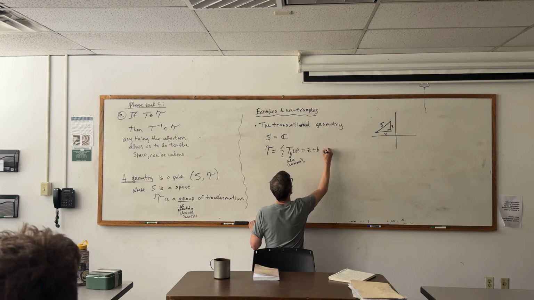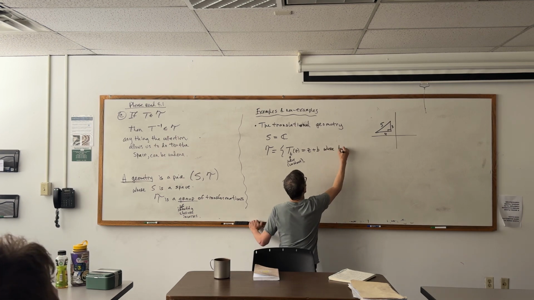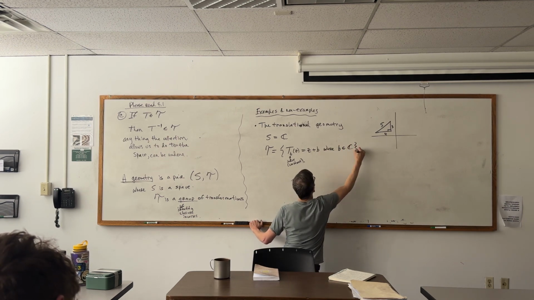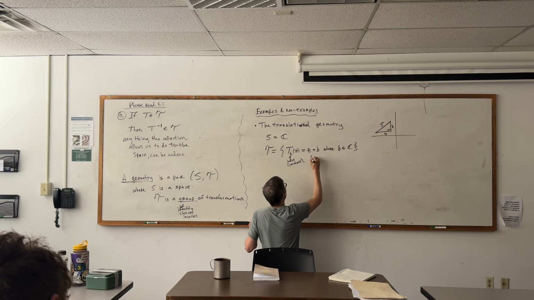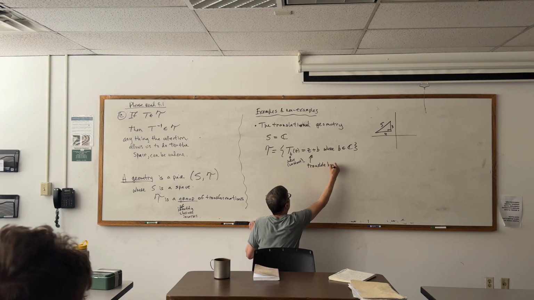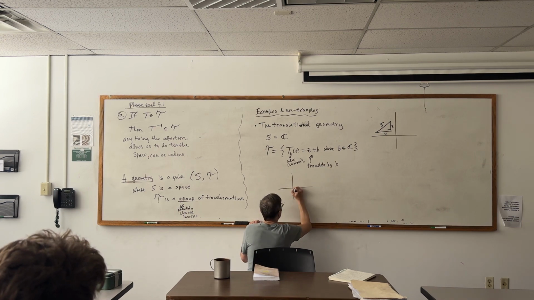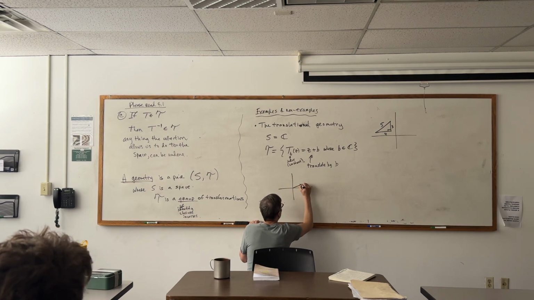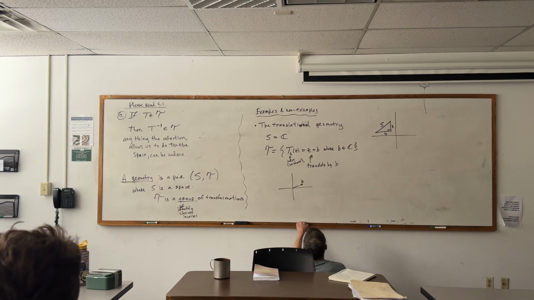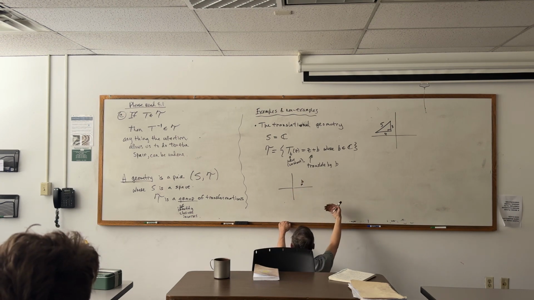And this is where B is just a complex number. So in other words, this is translate by B. So if B is this complex number right here, with each point in the plane, there's a transformation that translates by that much.